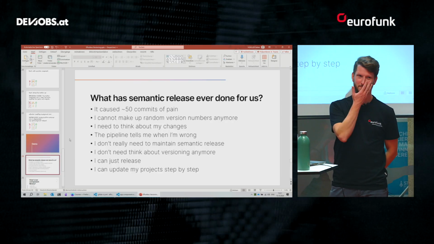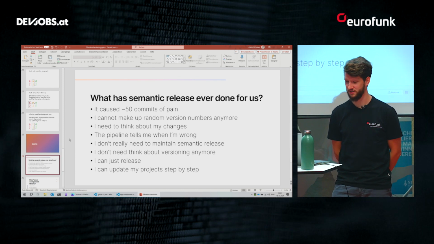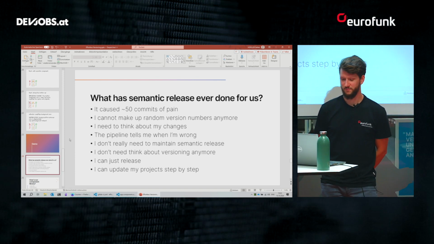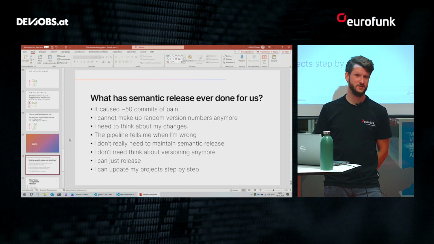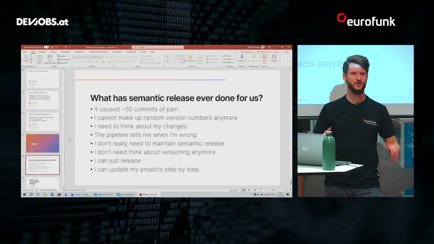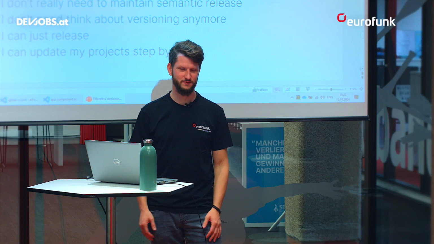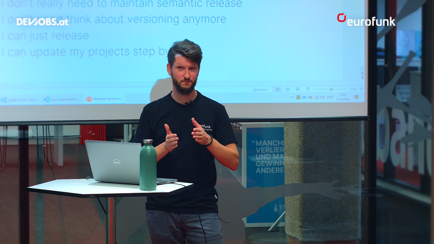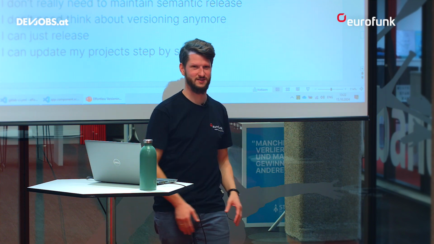As you just saw, we generated a new package version and I didn't do much. And I can update my project step by step because I have incremental development and not those large version updates that take forever to develop. And I can thus discover bugs more easily and isolate them and fix them.